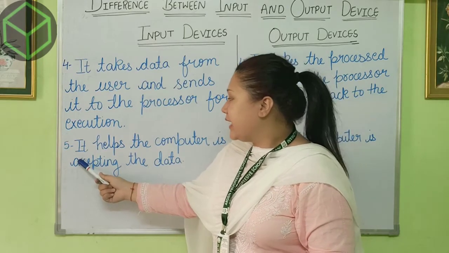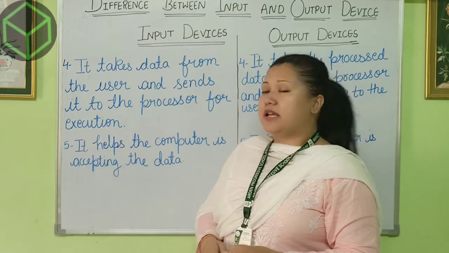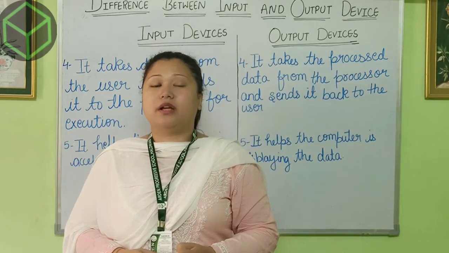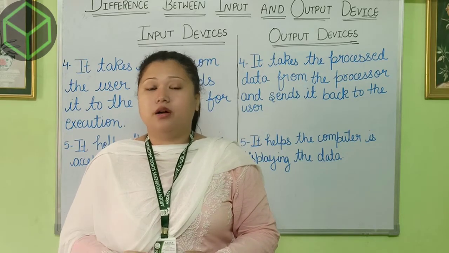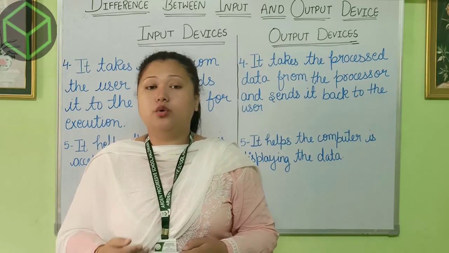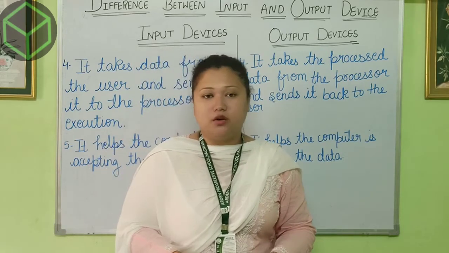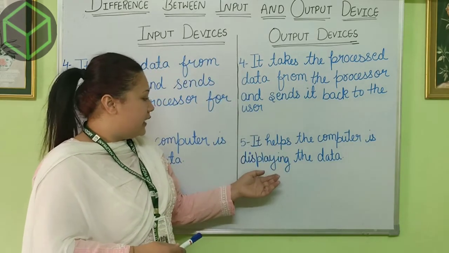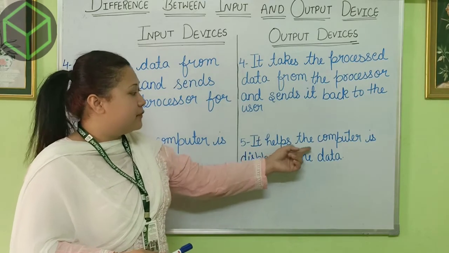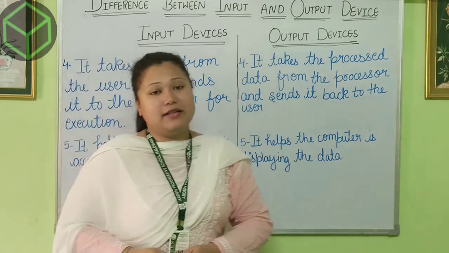Next, an input device helps the computer accept data. Input devices help the computer system accept data from the user. And next, an output device helps the computer display the data.